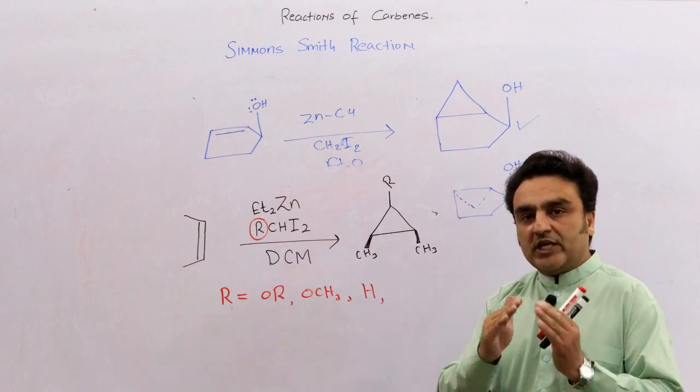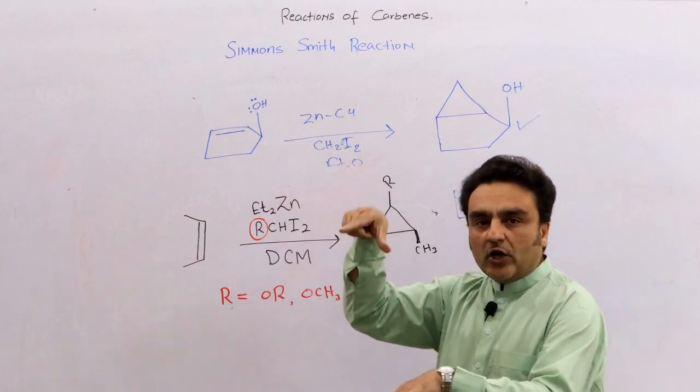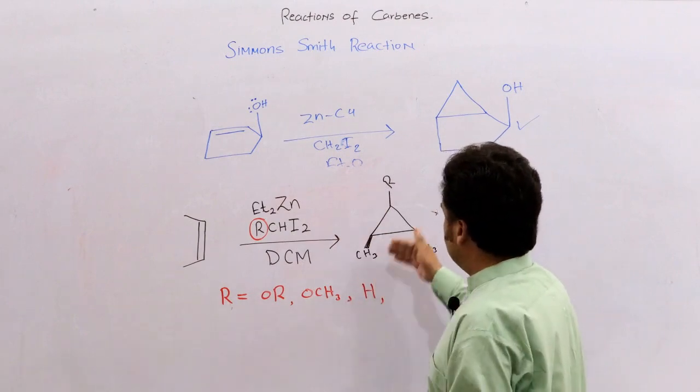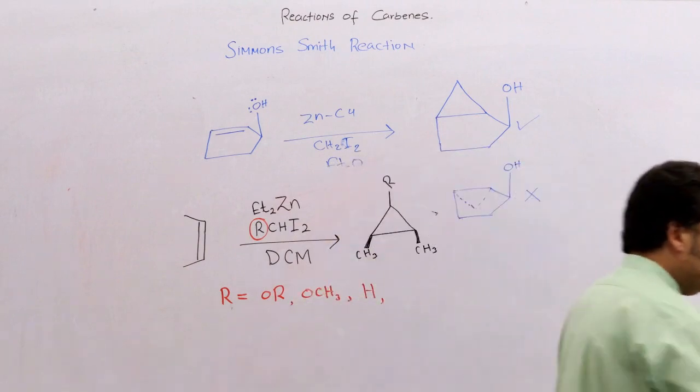So a substituted cyclopropane ring can be added into an alkene. It could also produce the same results as before.